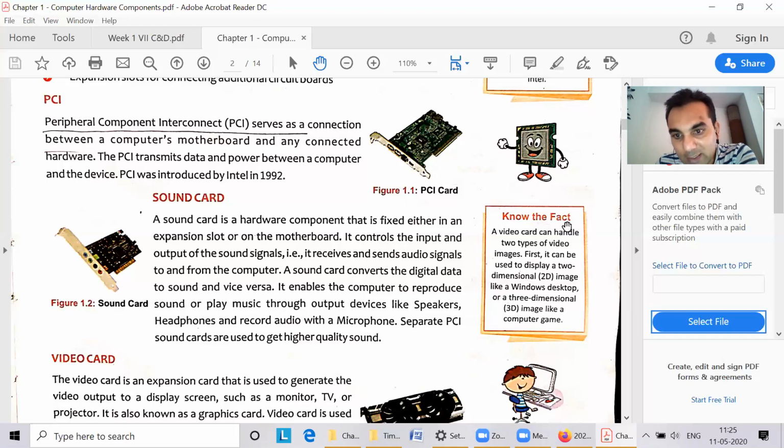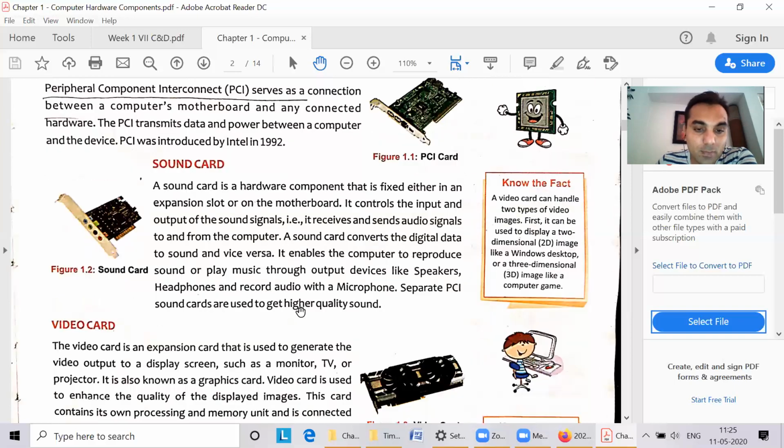Come to know the fact. A card can handle two types of video images. First, it can be used to display a two-dimensional image like Windows or desktop, or a three-dimensional 3D image like a computer game. So like the sound card, there is a video card also. If you want a good quality of video, you can use the video card.